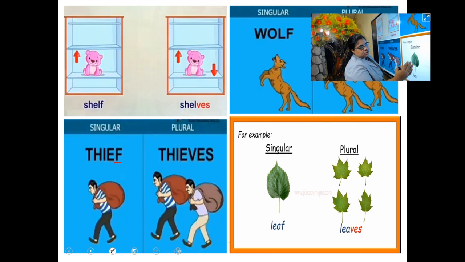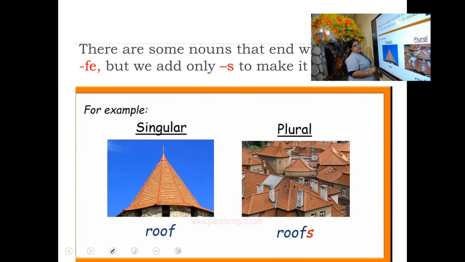So it becomes plural. So what's our rule? If a word ends with F, remove the F and add VES. If the word ends with FE, then remove that F and E, then add VES.